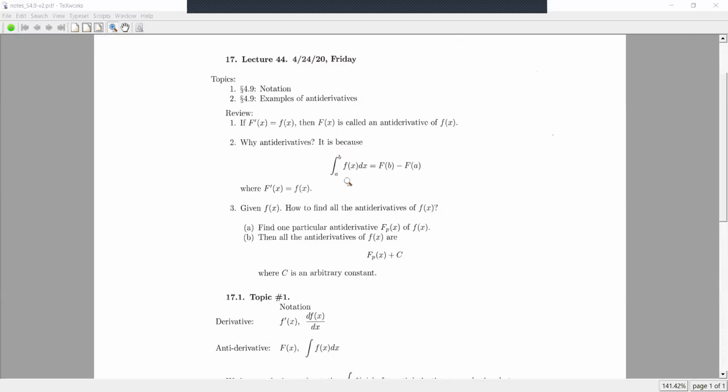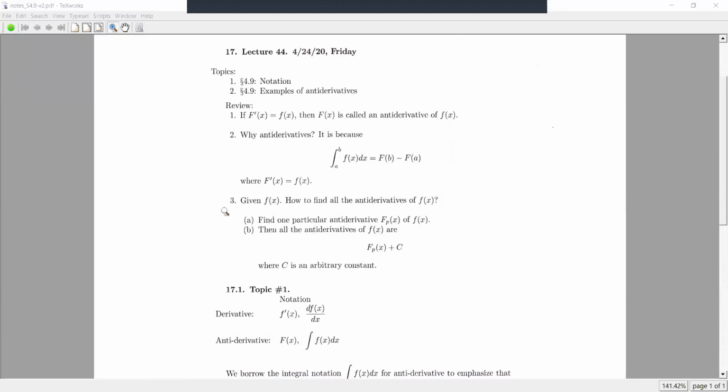To compute an integral, we need to find one anti-derivative of the function little f. Then this integral is equal to anti-derivative capital F evaluated at the point B minus capital F evaluated at the point A.